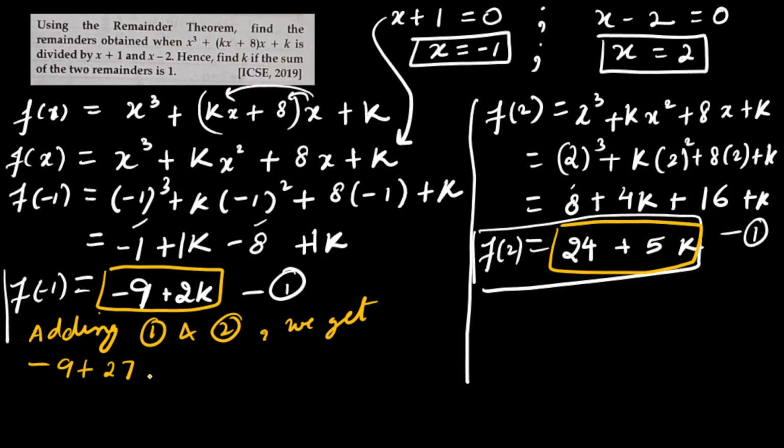So minus 9 plus 2k plus 24 plus 5k, their sum, is equal to 1. When I add them, the sum of the remainders is equal to 1. Like terms we can add now. Minus 9 and 24 are like terms. So 24 minus 9, what is 24 minus 9?